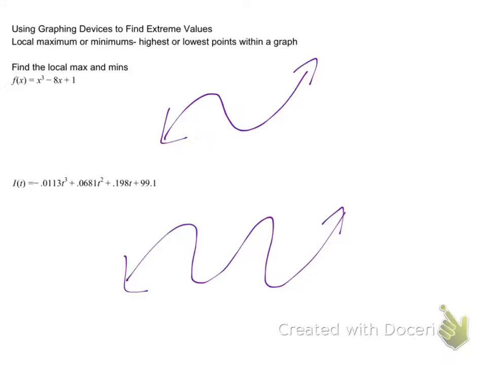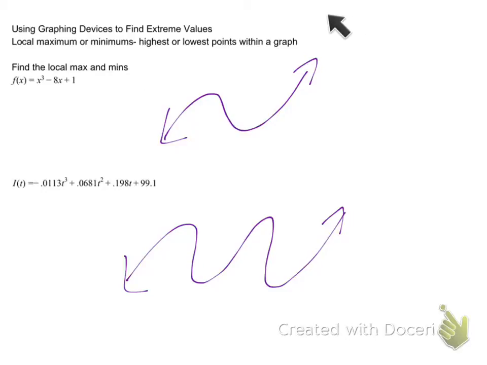In some shape or form, there still can be something we call a max and a min. But the problem we end up having is that these graphs go on forever. If it keeps going up forever, as soon as you say there's a maximum point right here, I'm going to tell you there's another one right here, and then another one and another one.